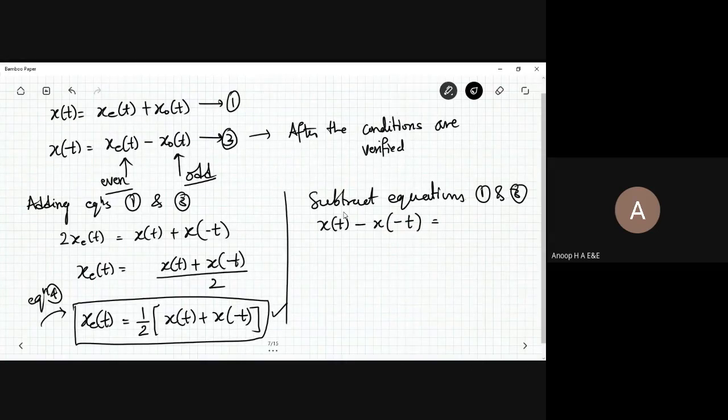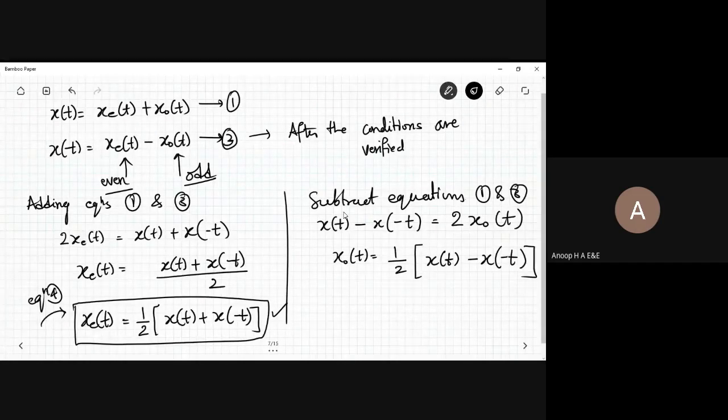So subtracting, the even components get subtracted, and I'm only left with the odd component, that is 2 times x naught of t. So x naught of t can be given as half of x of t minus x of minus t.